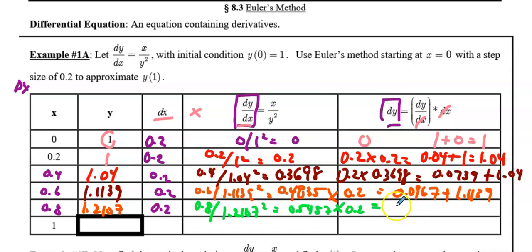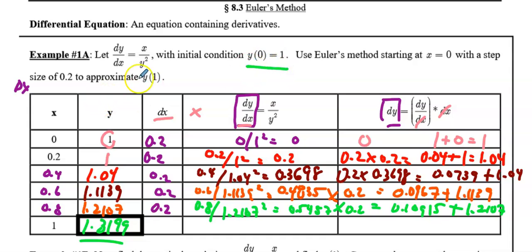And this is going to end up being 0.10915. And then the answer to this problem is going to be this number plus our y. And when all is said and done, we're going to get an approximation of 1.3199.